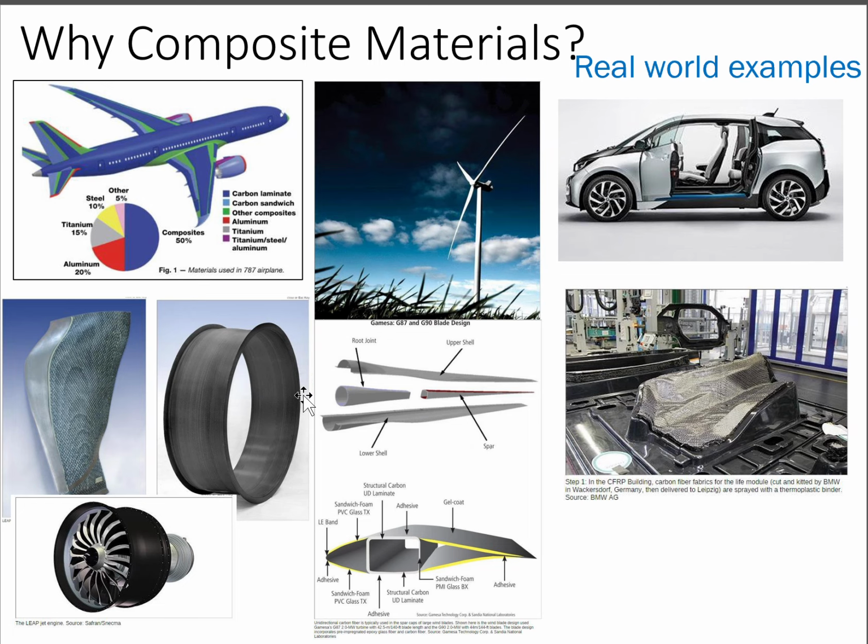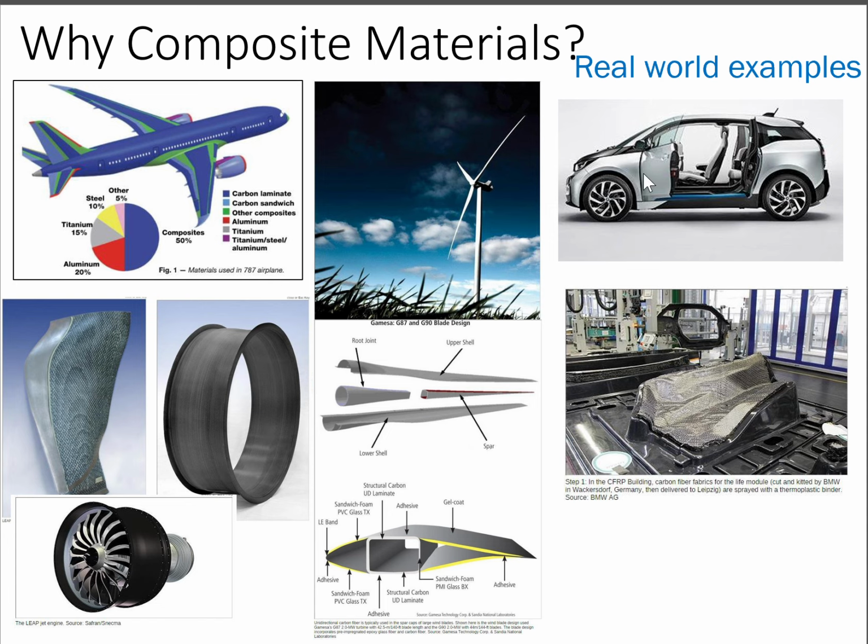Composite materials are actually used widely in industry. Like in an aircraft, 50% of an aircraft is made out of composites because we want a strong, light material in aircraft. Wind turbines, a huge part of wind turbines are made from composites.